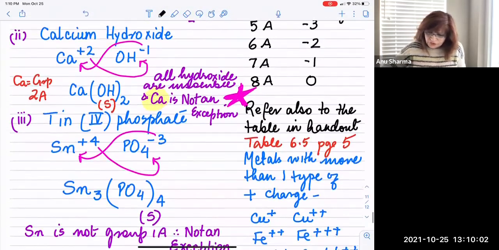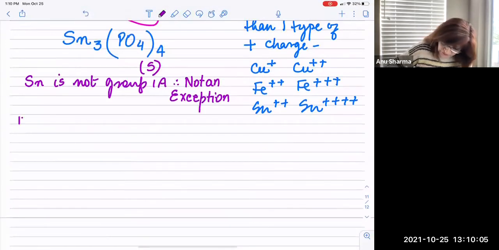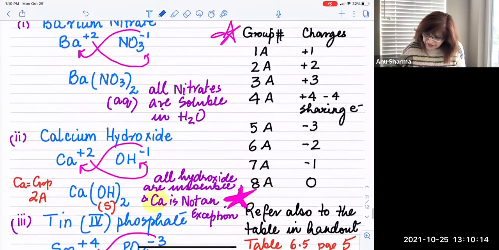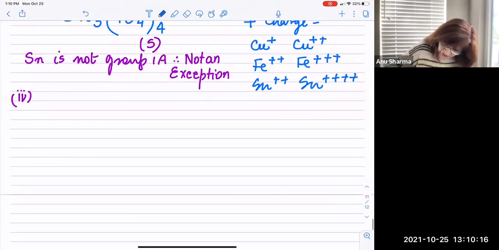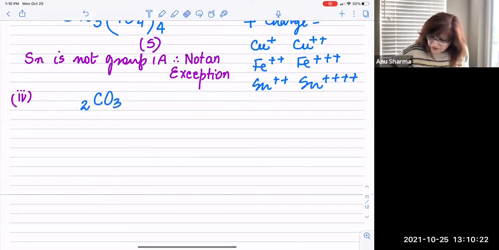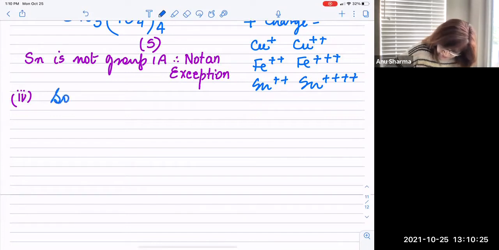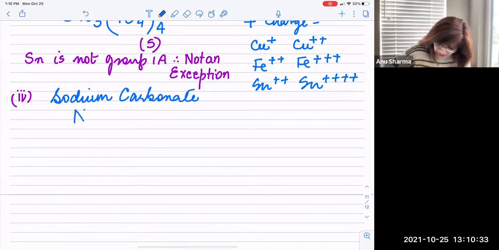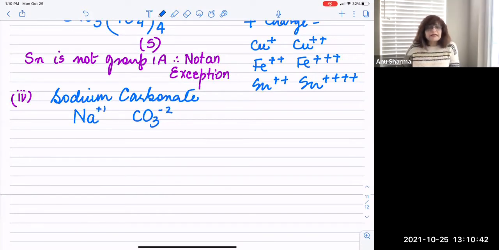So here we have, let us say, we got the nitrate, we got the hydroxide, we got the phosphate, carbonate, Na2CO3, and that is sodium carbonate. Sodium is Na and carbonate is CO3. So +1, group 1A, sodium, and carbonate is -2.